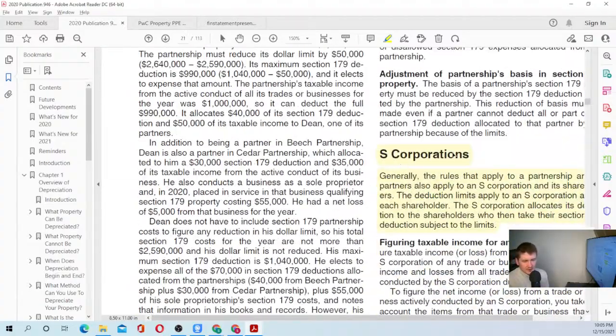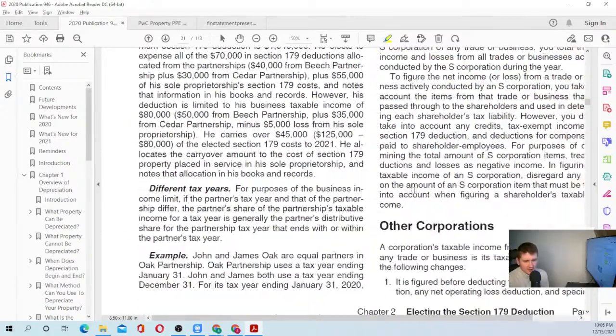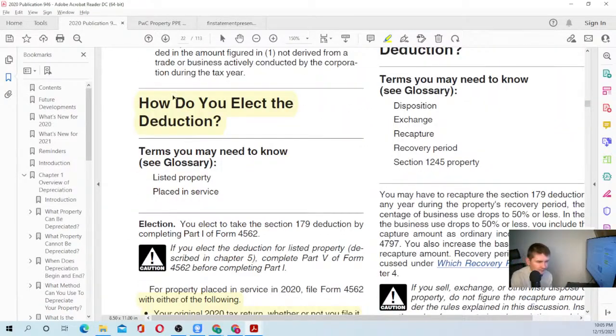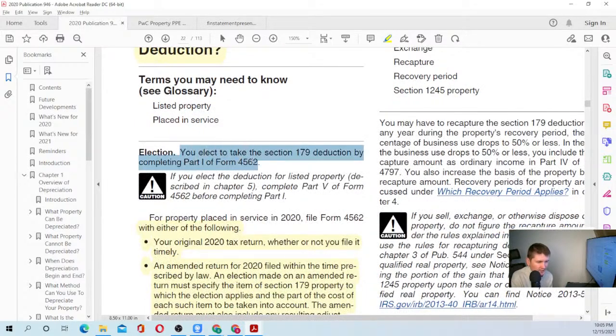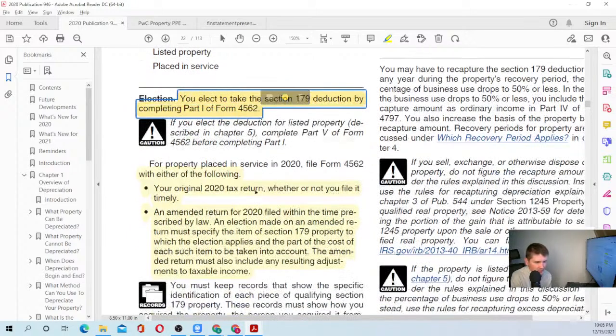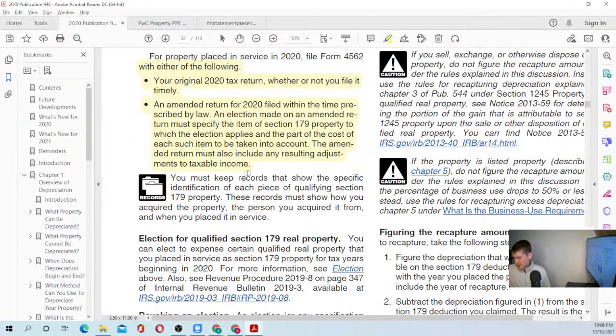Okay, so we have some guidance for partnerships, for S corporations. How do we elect a deduction? We can elect the deduction by completing Part I of Form 4562 on our original 2020 return or amended return.